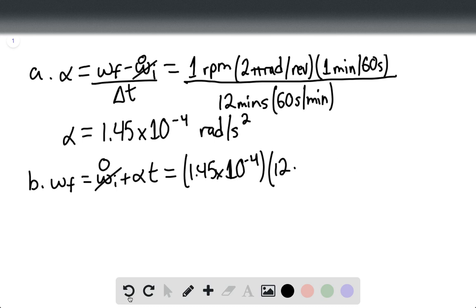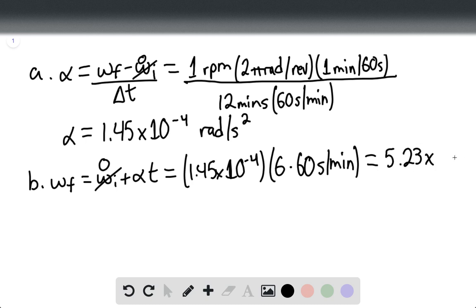My apologies, it's not 12 minutes, but rather 6 minutes times 60 seconds per minute. And this is giving us 5.23 times 10 to the negative second radians per second.